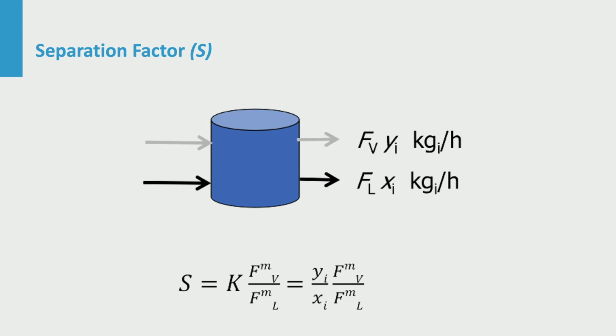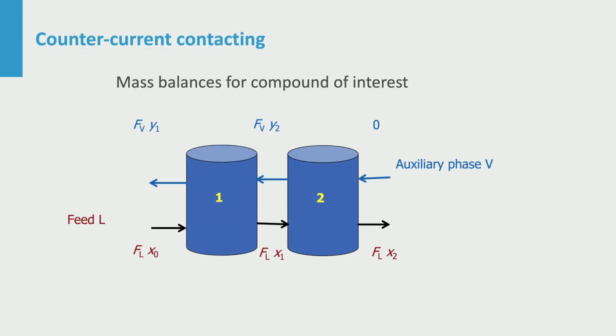If the separation factor is larger than 1, component I mostly leaves with the phase V. If S is smaller than 1, most remains in phase L. This is useful for designing a countercurrent separation. To know how much will be extracted and how much not, let's start from the end.